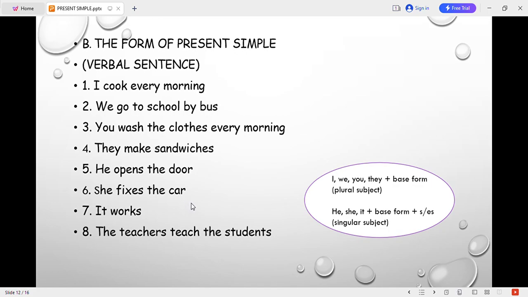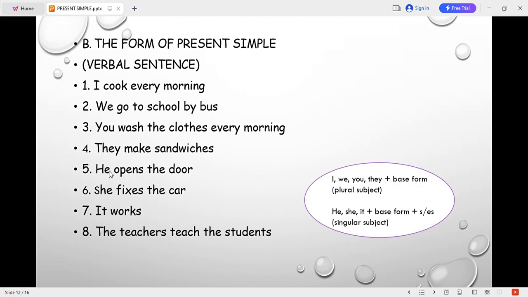Next, examples number 5, 6, and 7. Number 5, he opens the door. He, she, it plus base form plus s or es. The base form of opens is open without s. Why do I put s here?